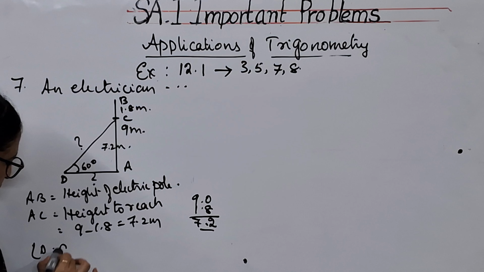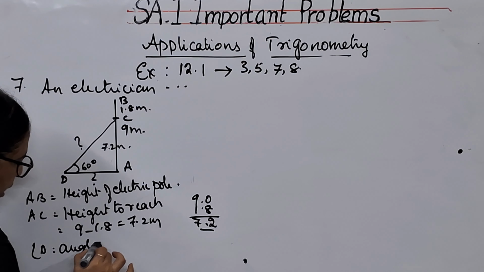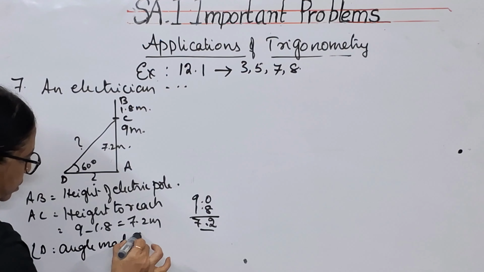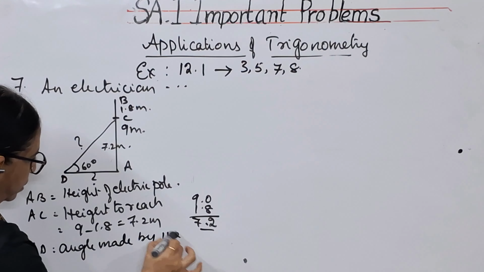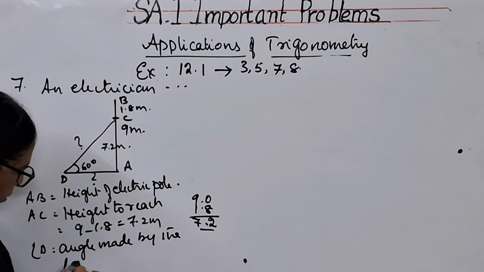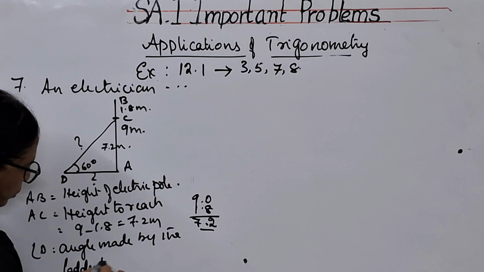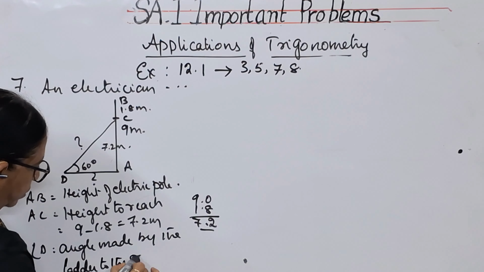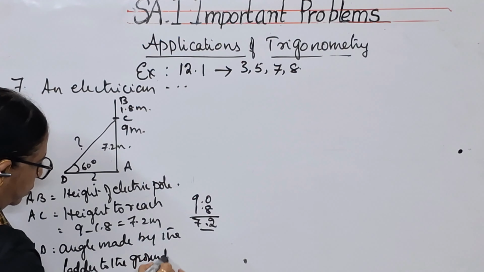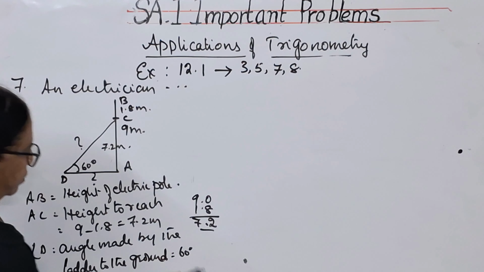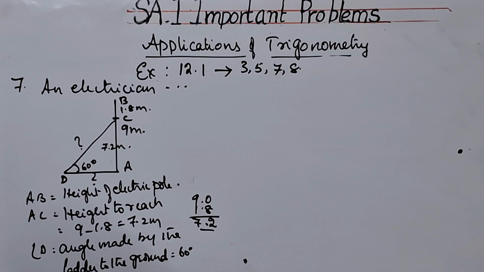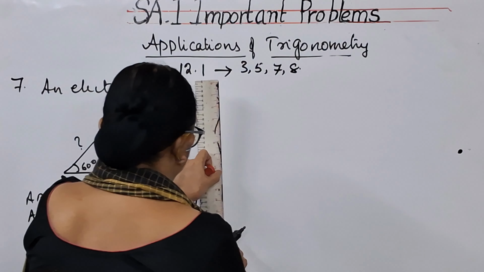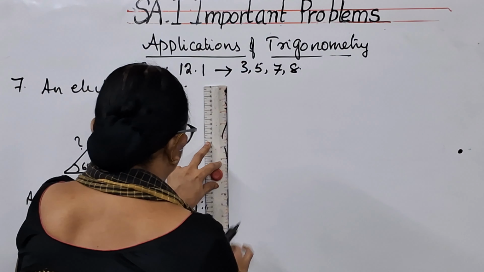Now, angle D is the angle made by the ladder to the ground. This is equal to 60 degrees. Now the question is, you have to find out the length of the ladder as well as the distance between the ladder and the pole.